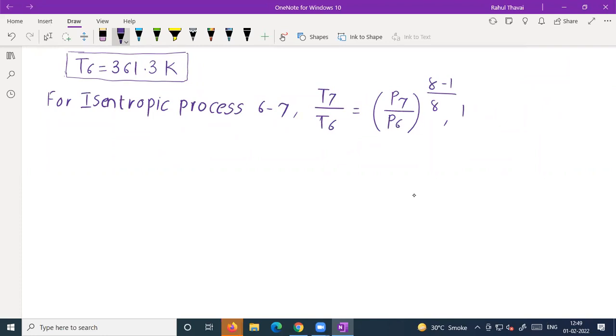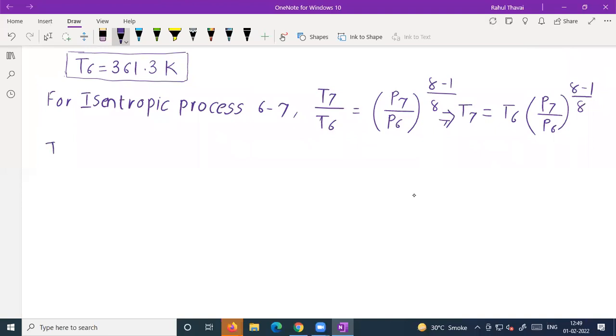So T7 is given by T6 into P7 by P6 raised to power gamma minus 1 by gamma, right?